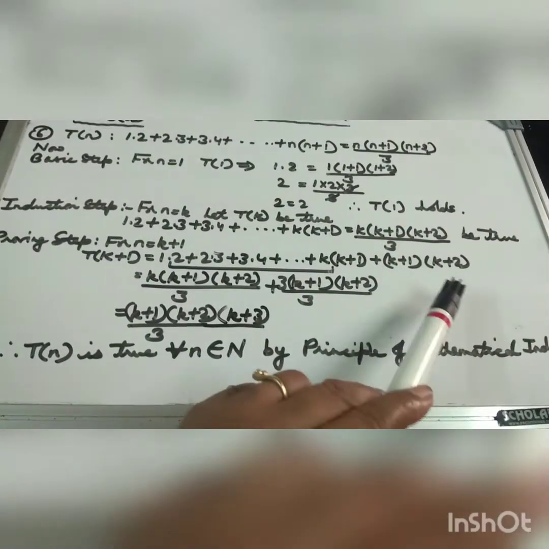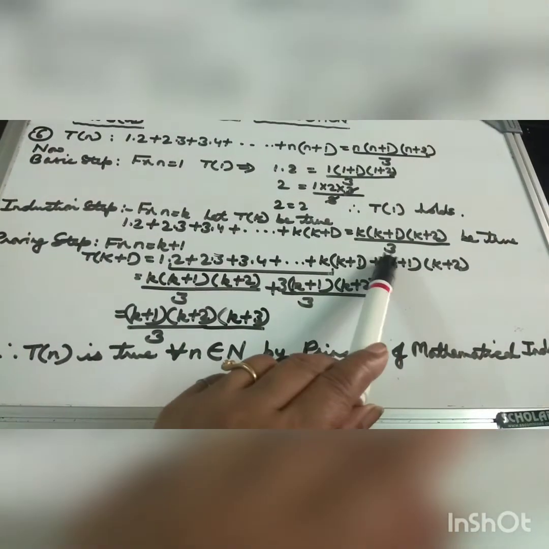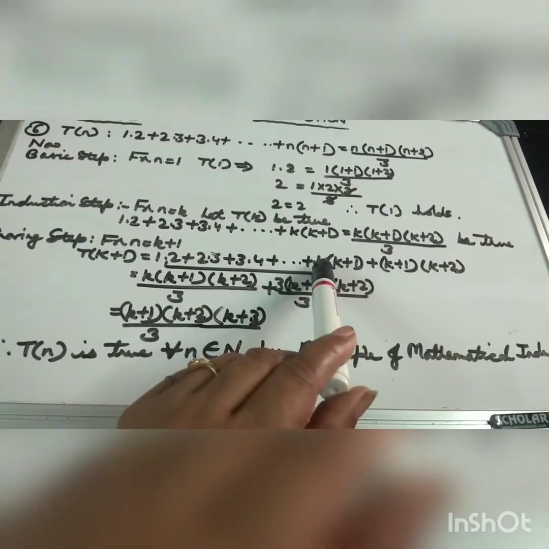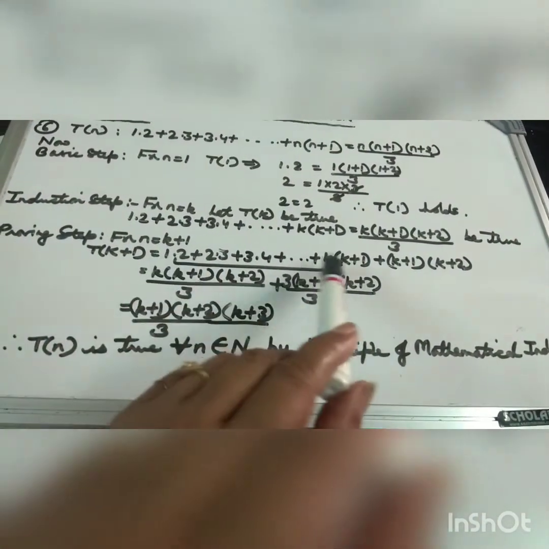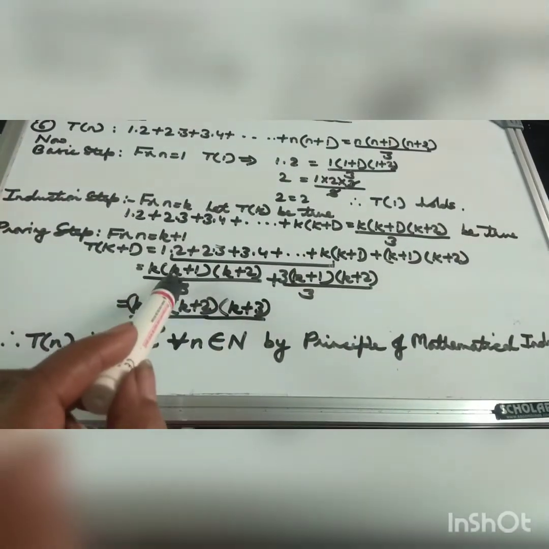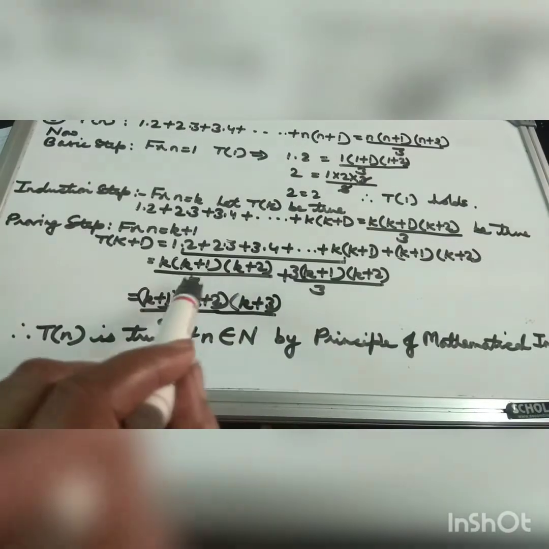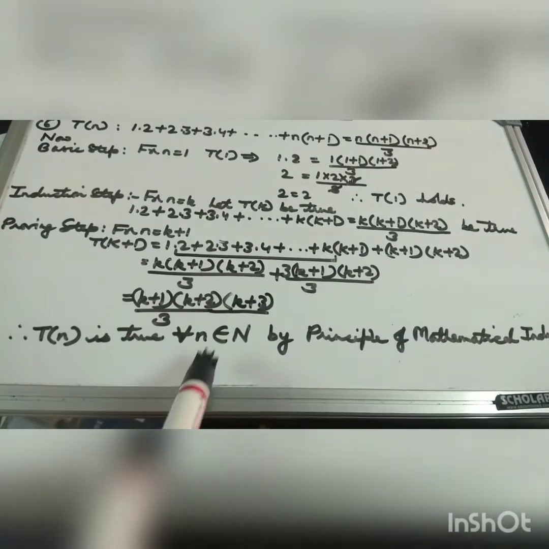So k plus 1 into k plus 2. I hope this is clear to you. Now use your Tk statement and this many terms will be equal to k into k plus 1 into k plus 2 upon 3. Is it clear?